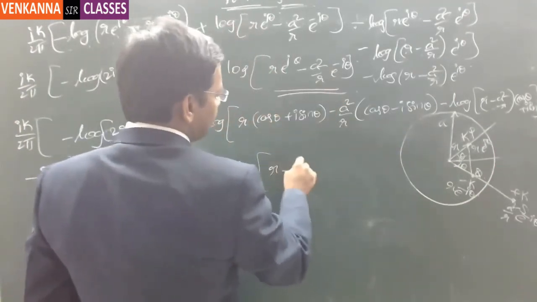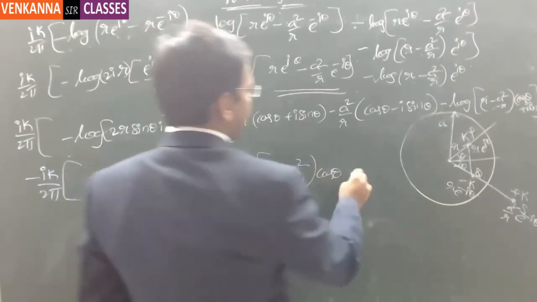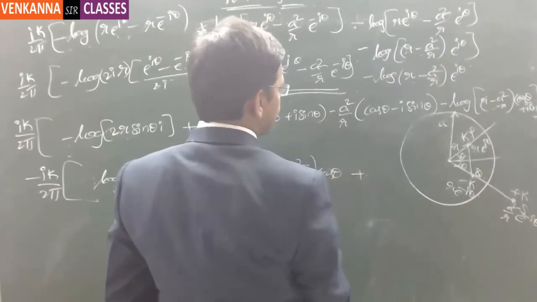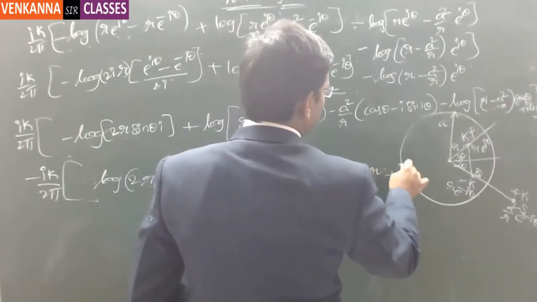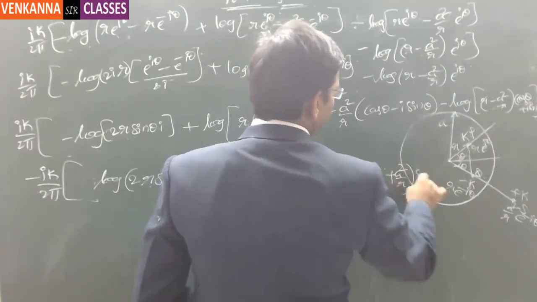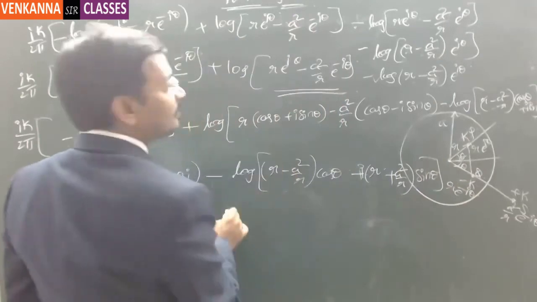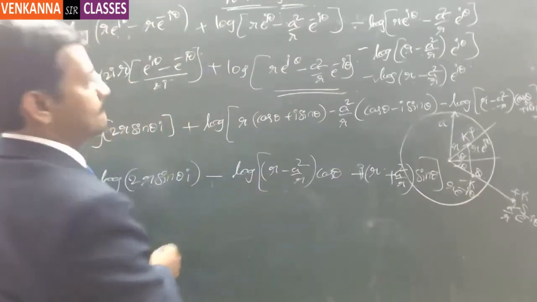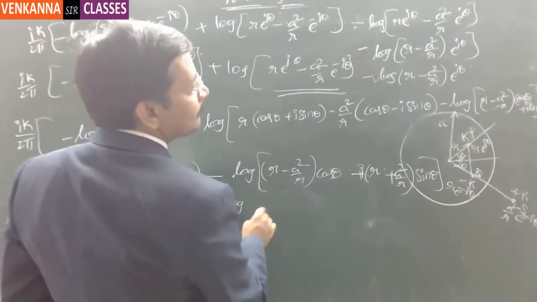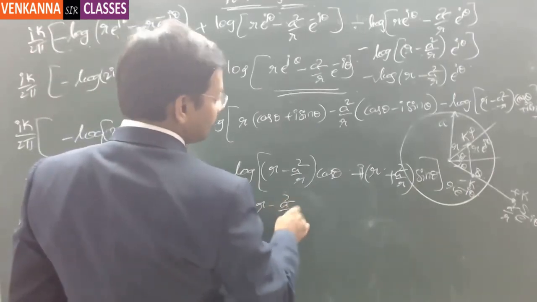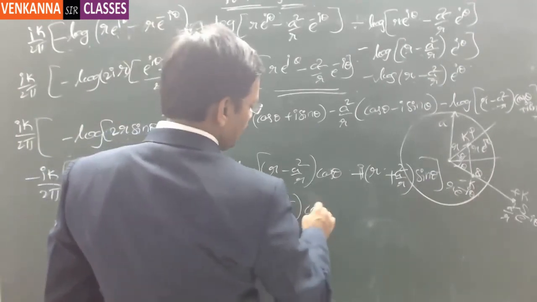So r minus a square by r times cos theta plus r minus plus a square by r times sin theta times I, and then plus log r minus a square by r times cos theta plus I sin theta.